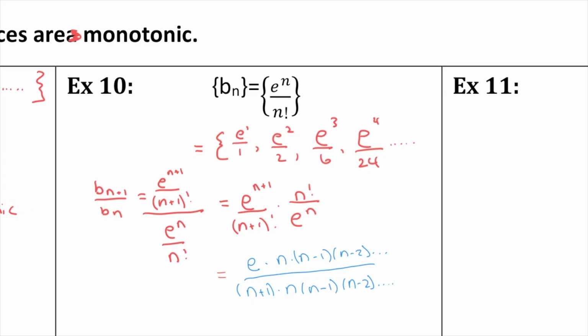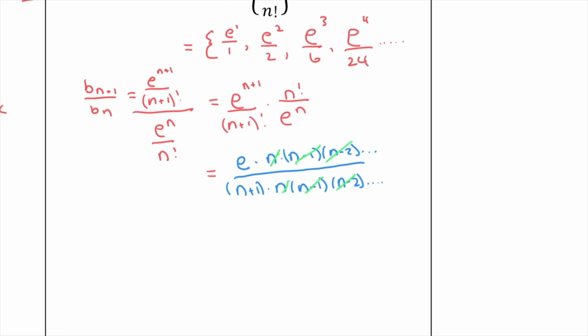So cancel out the like terms, and we have e, which is a number, divided by n plus 1. And as n increases, this will go to 0. Therefore, since this is going to 0, we're always going to be less than 1 for n greater than or equal to 2.